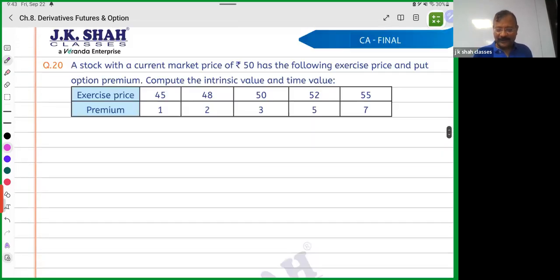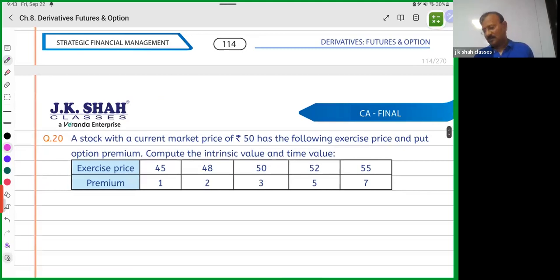20. Now 20, same thing, but it's a put. Can you do it?